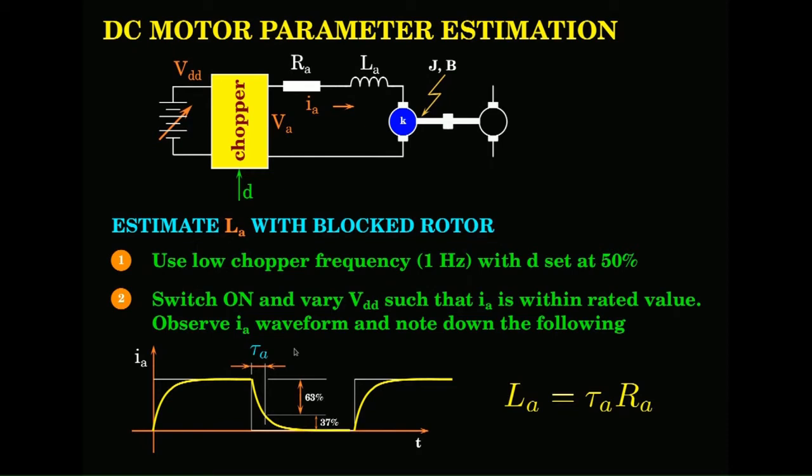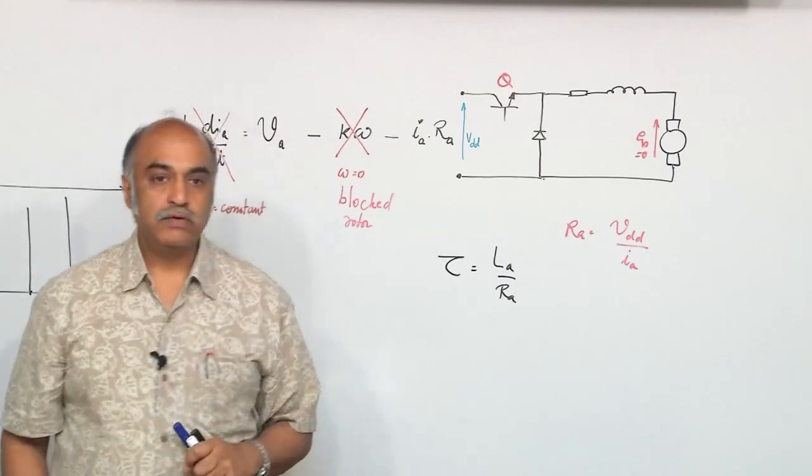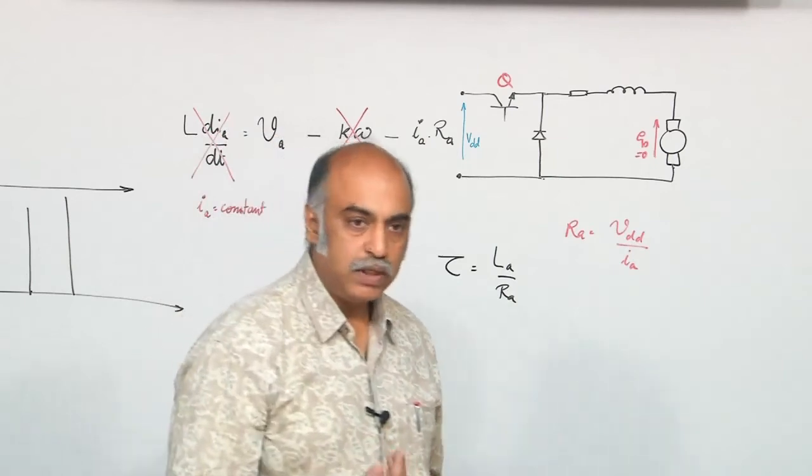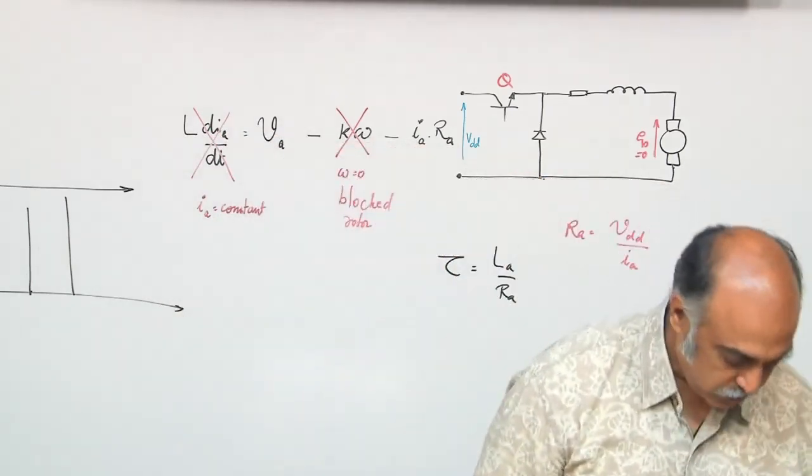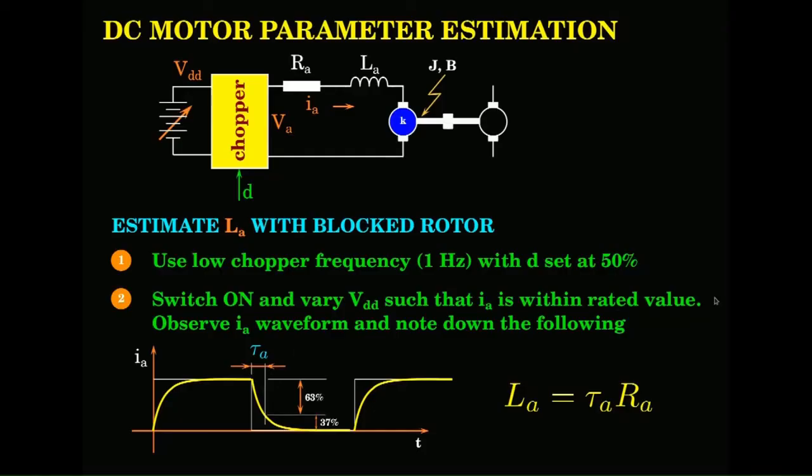Then estimate LA. You can repeat it for different currents, or you can just leave it at one value. All these you can do manually in the lab, one after the other. You can also program it into your DSP.